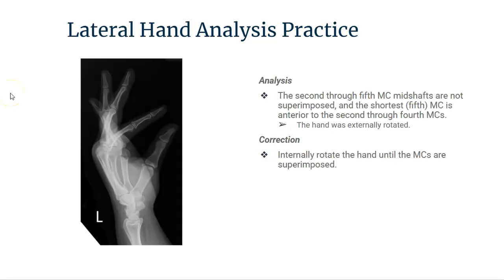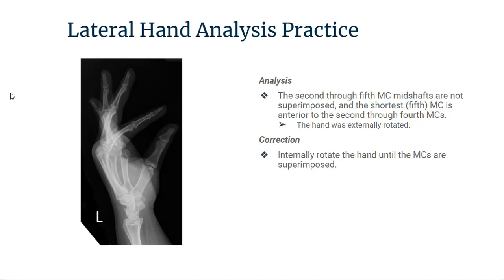So let's conduct this practice analysis together. First, you definitely want to evaluate whether we have all the anatomic structures that are required. And we do have our distal phalanges, the radius and ulna included with the image. However, we need to determine whether we are adequately demonstrating the anatomy for the projection.